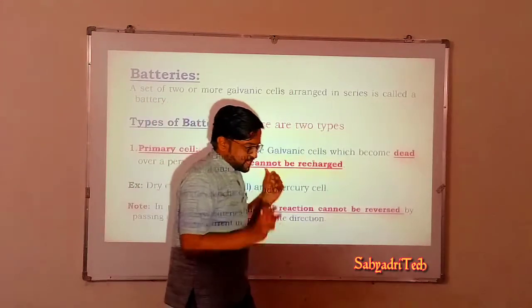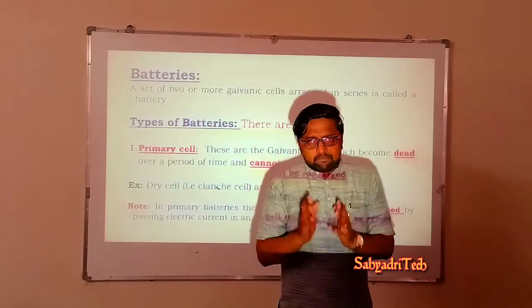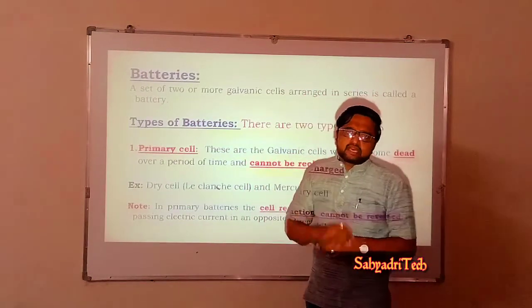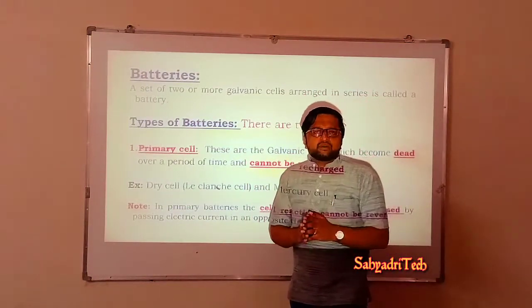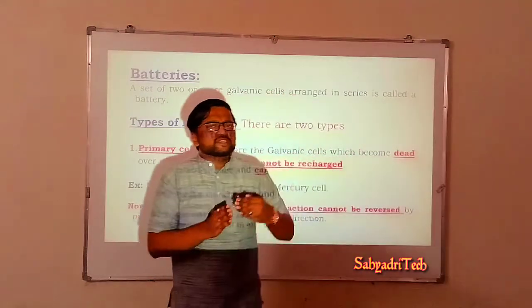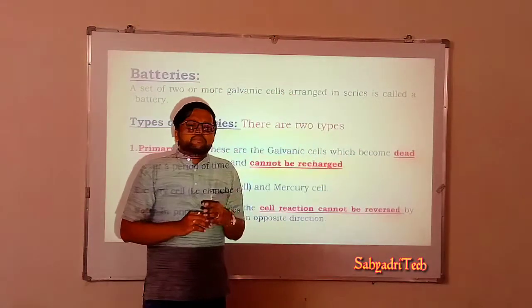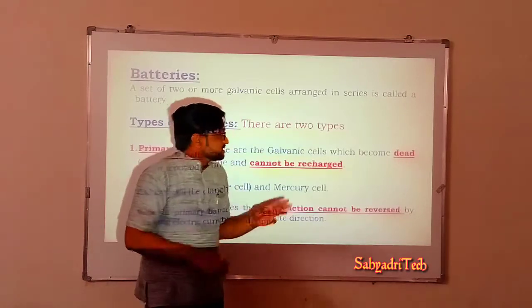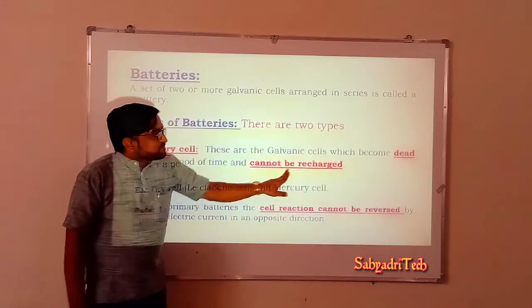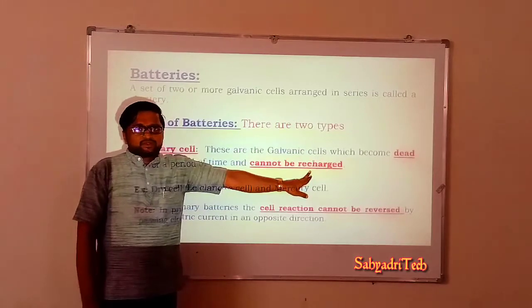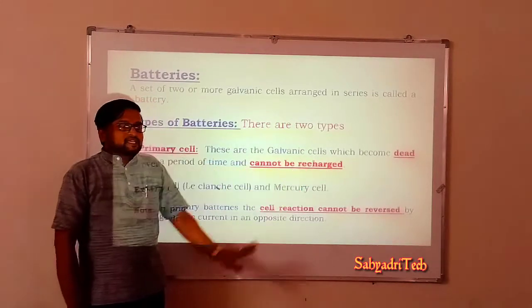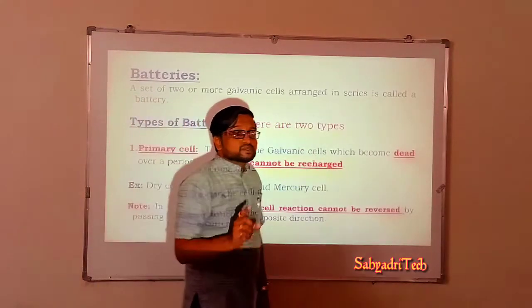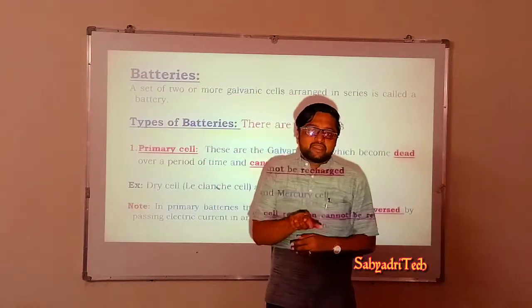It means that after usage for a certain time, the battery becomes dead, and further those batteries cannot be recharged. So in the sense, we can say these primary cells can be used only once in their lifetime.